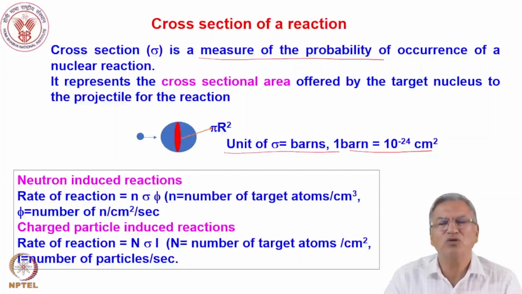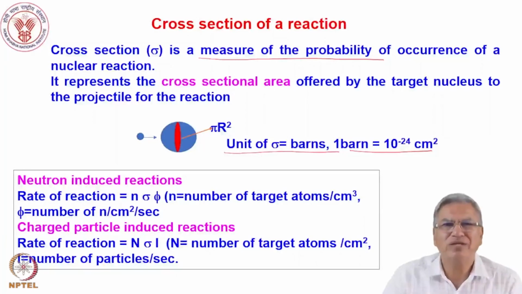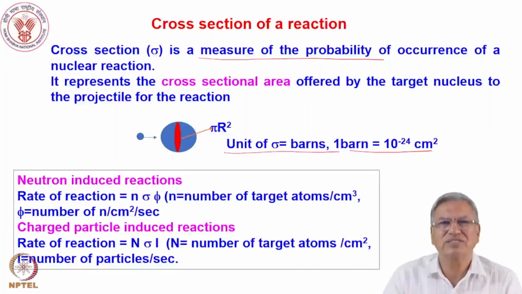So that will be about 10 to the minus 12 or so. So accordingly, the nuclear area, the cross section of a nucleus, if you just cut a cross section, the circle pi r square will be of the order of 10 to the minus 24 centimeters square. And the unit of cross section, that's why it's called a barn, where barn is 10 power minus 24 centimeters square. So it's a very simple way of telling the cross section.